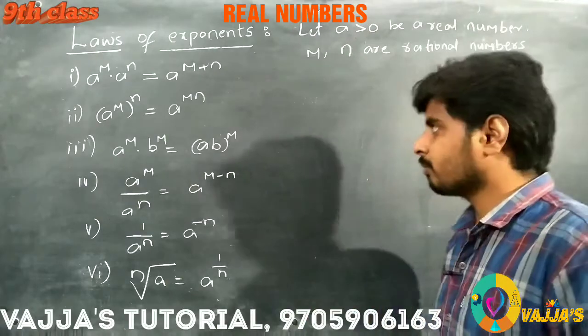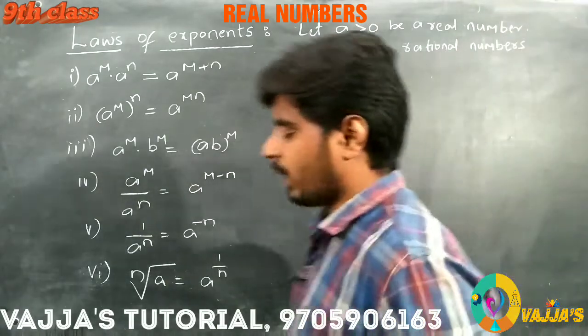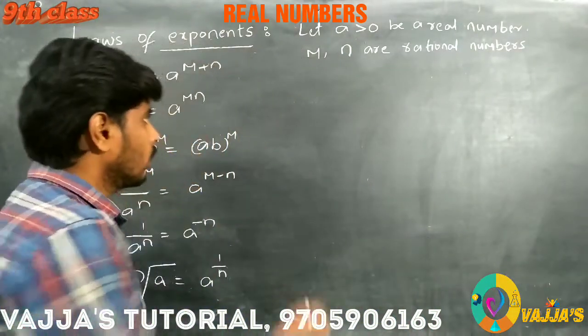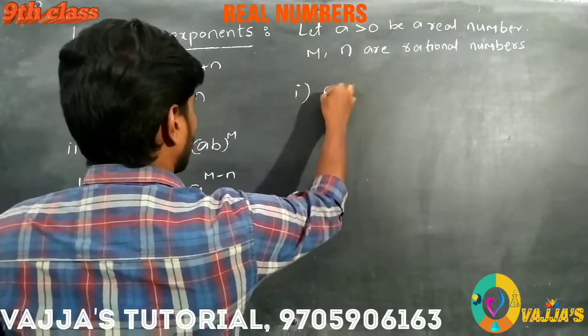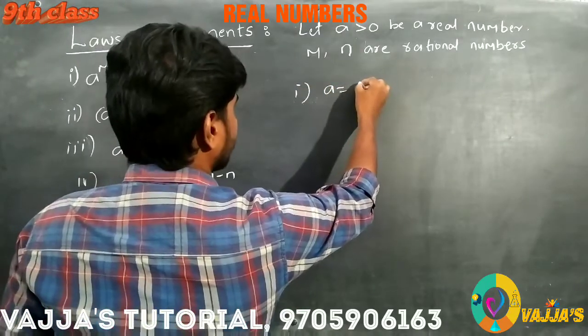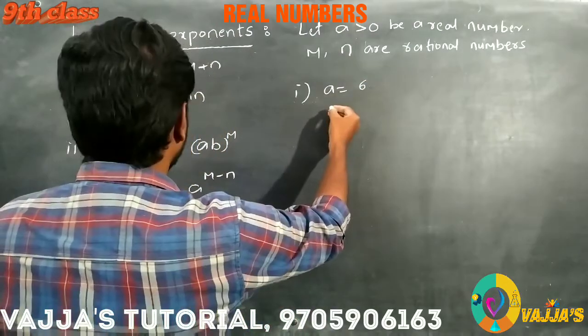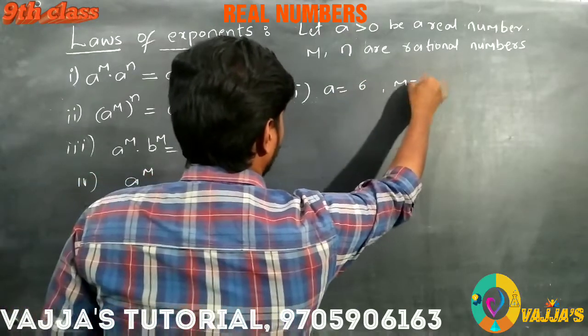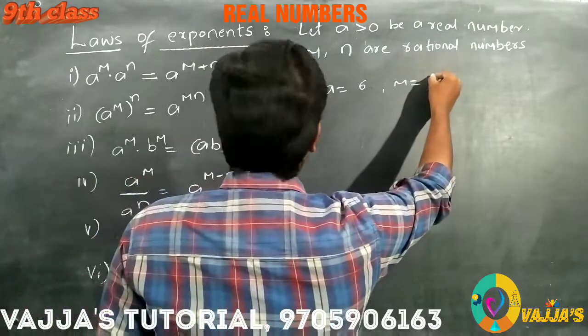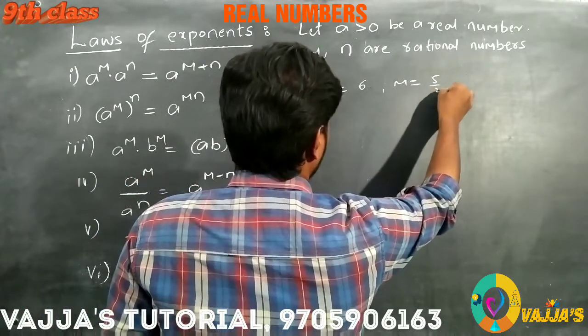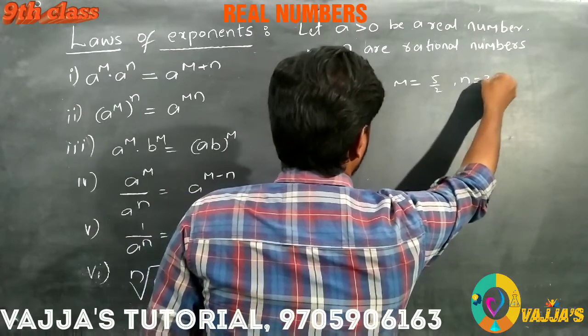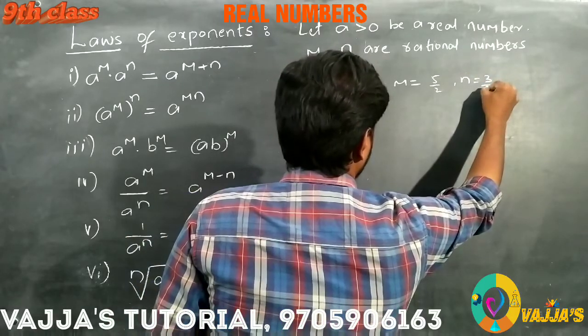I am taking an example for the first one. Suppose a equals 6, m equals 5 by 2, n equals 3 by 2.